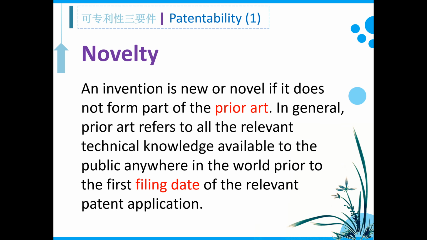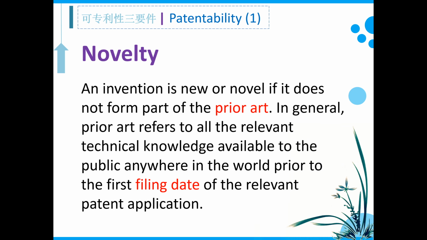Well, actually, under modern patent law, whether an invention is new or not is quite clear. The principle, the rule to determine it is that compared to the prior art, this invention does not belong to any prior art or does not fall within the scope of any existing technology.